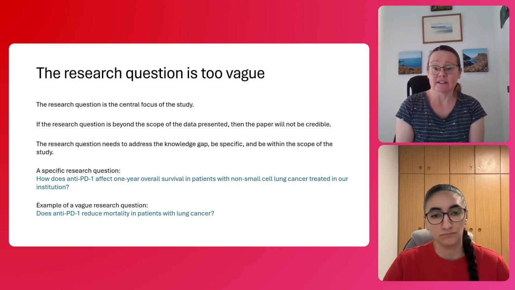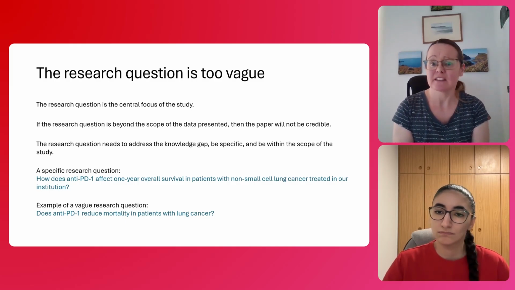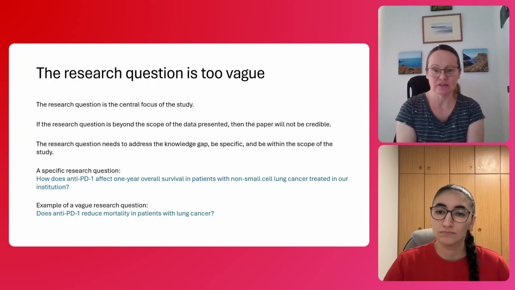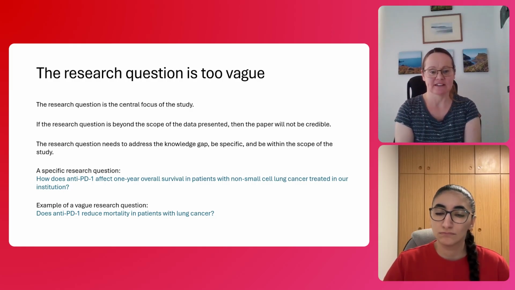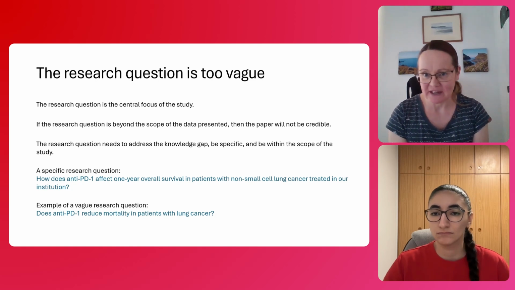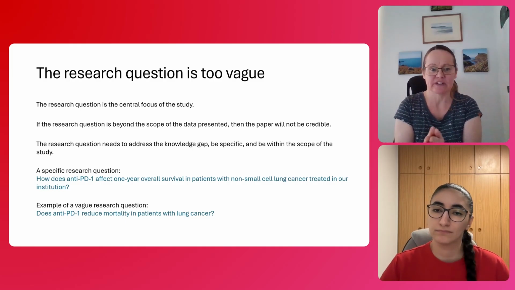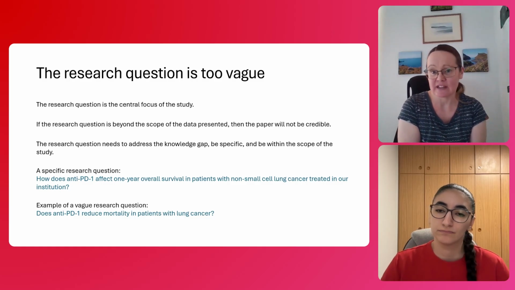And lung cancer, that's fairly broad. You can see that there is no way that one study could gather enough data on all types of mortality, on all types of lung cancer, in all patients worldwide. So this is what I mean when I say that the research question is too vague. We need to be very specific about who we're studying, what we're studying, and what our specific outcomes are.